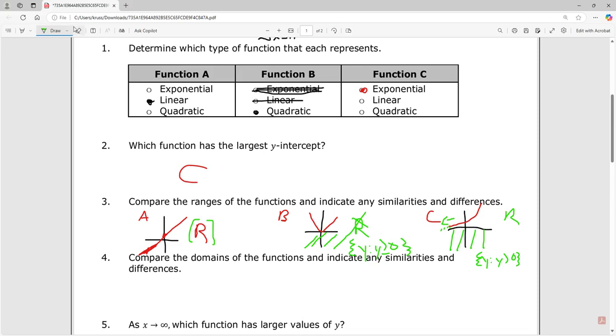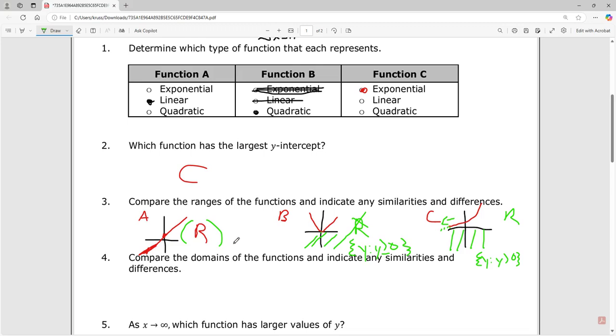Okay, actually, I guess it should be like this to be technical. All real numbers. Okay, this is the set of all values of y such that y is greater than or equal to 0. And this is a set of all values of y such that y is greater than 0, but not equal to.